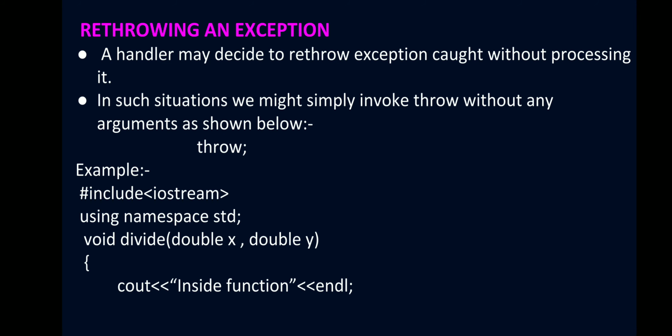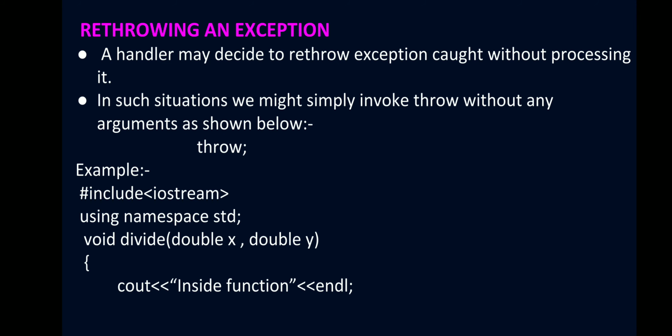Till now we have seen only throwing the exception from the try block. Now we are going to see that after catching the exception, the catch block can also throw the exception by using the throw statement. That is rethrowing the exception. Now let us see this example.